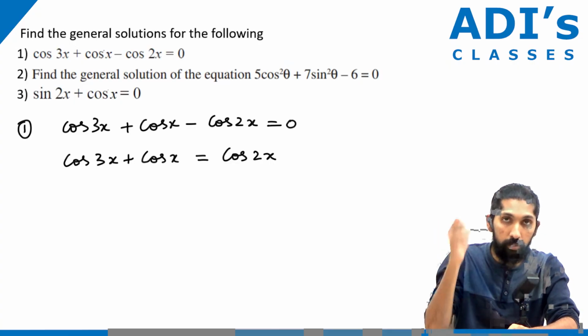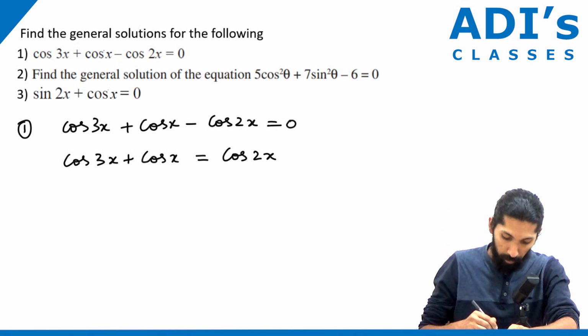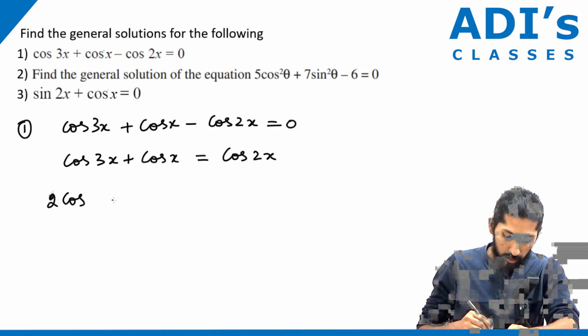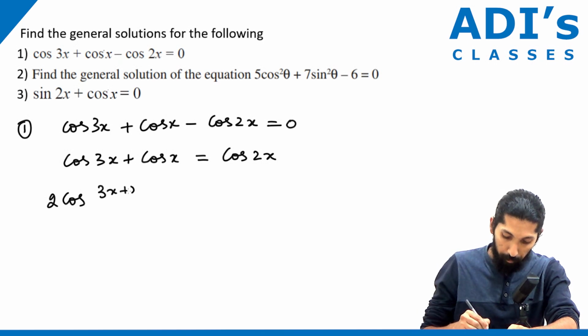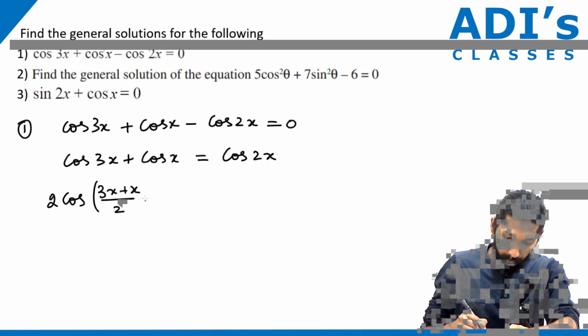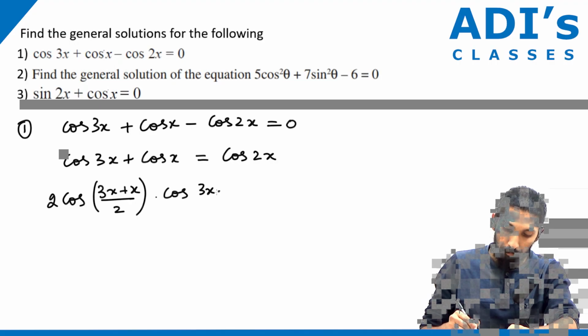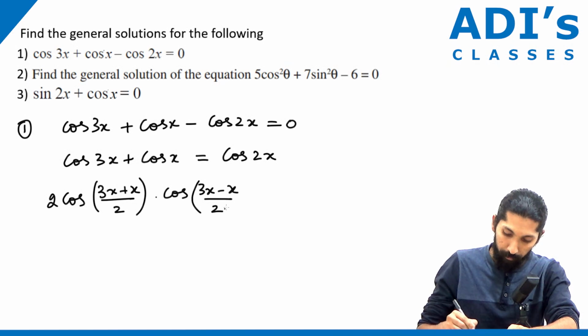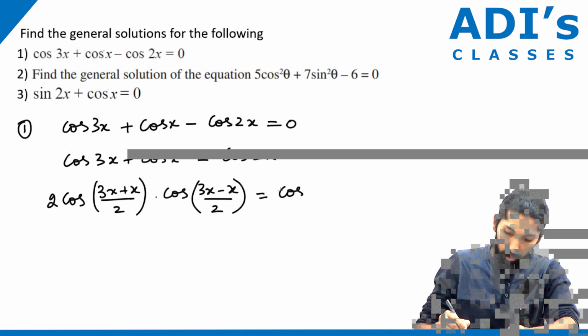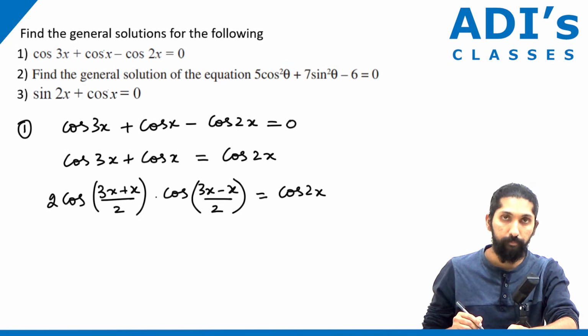Cos C plus cos D. So here we are going to have 2 cos of (3x plus x) divided by 2 into cos of (3x minus x) divided by 2. This is equal to cos 2x, right?